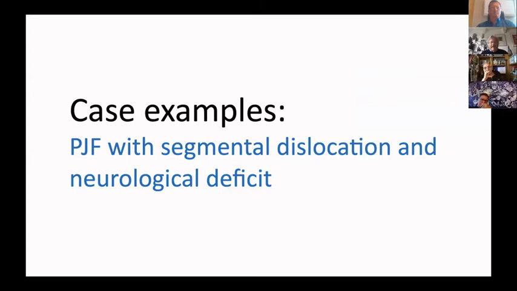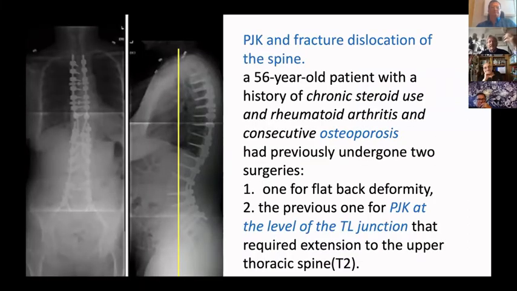So this is another example to understand this whole variety of pathology. This is a variety where you can see a segmental dislocation, that means a translational dislocation with a neurological deficit. This is a 56-year-old patient with a history of chronic steroid use and rheumatoid arthritis and consecutive osteoporosis.